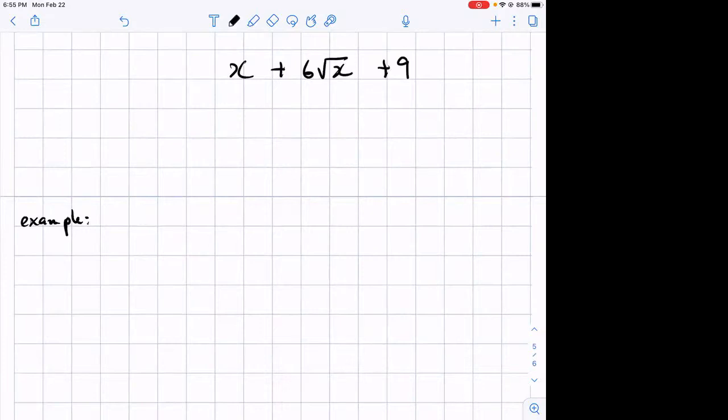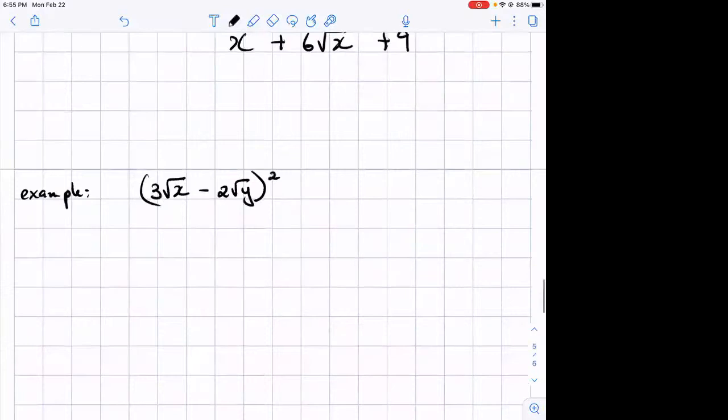If we have 3 root x minus 2 root y quantity squared. So if we rewrite this, this is the same as 3 root x minus 2 root y times 3 root x minus 2 root y.